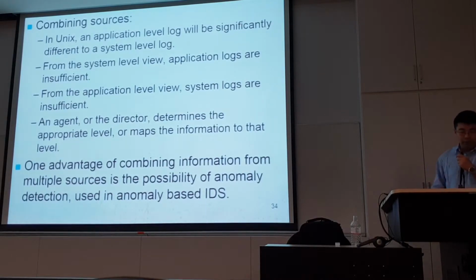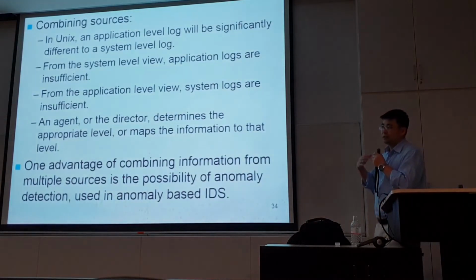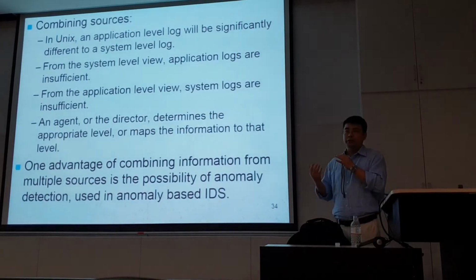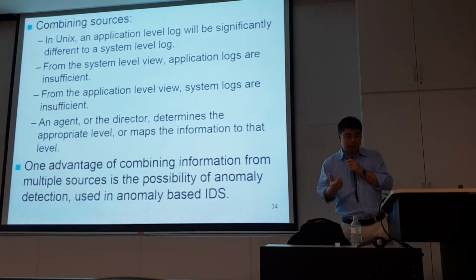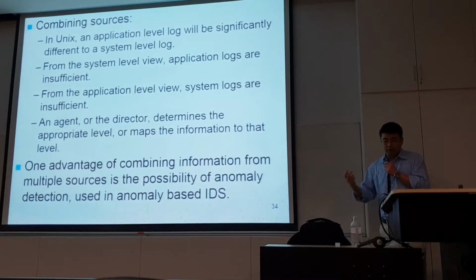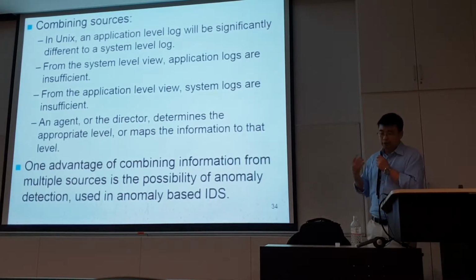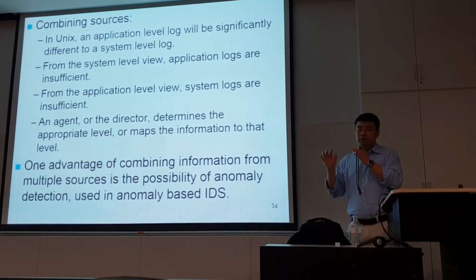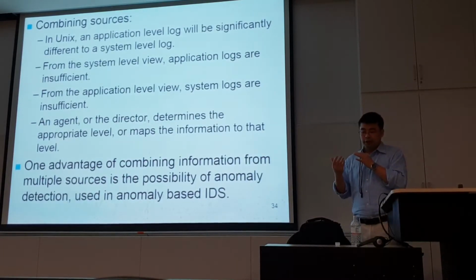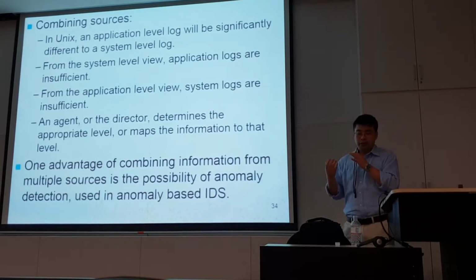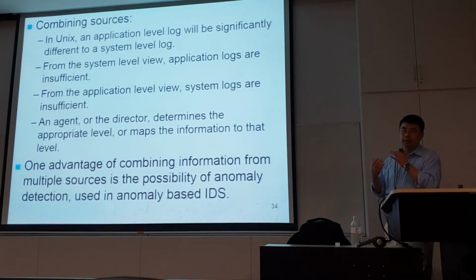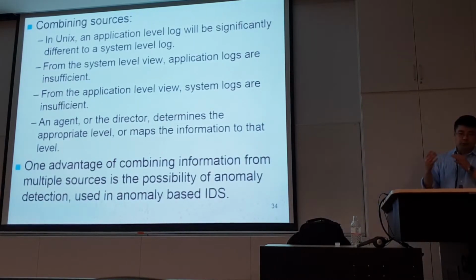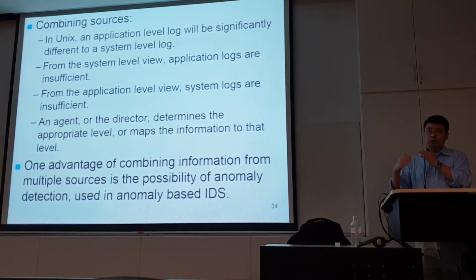Right. So sometimes we may also combine the information collected by different agents, by both the log files and the network files. Even for the log files, sometimes we need to analyze different log files together. For example, in Windows, as I said, there are three main logs: the application log, system log, and the security log. So we do not analyze them individually, right?